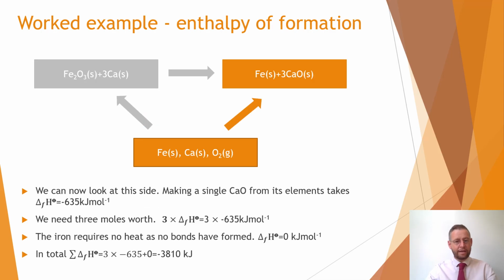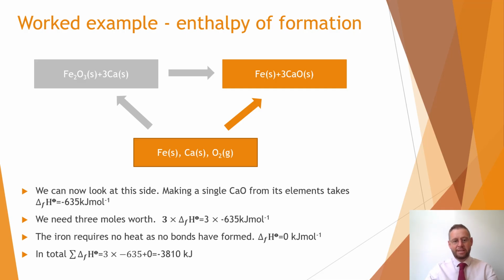So let's look at the other side of this diagram. What are the energy changes involved in the formation of calcium oxide? Well, we can look that up in the data booklet too. The enthalpy change of formation for calcium oxide is minus 635 kilojoules per mole. It's exothermic. And so what we have here, you can see there are 3 moles worth.